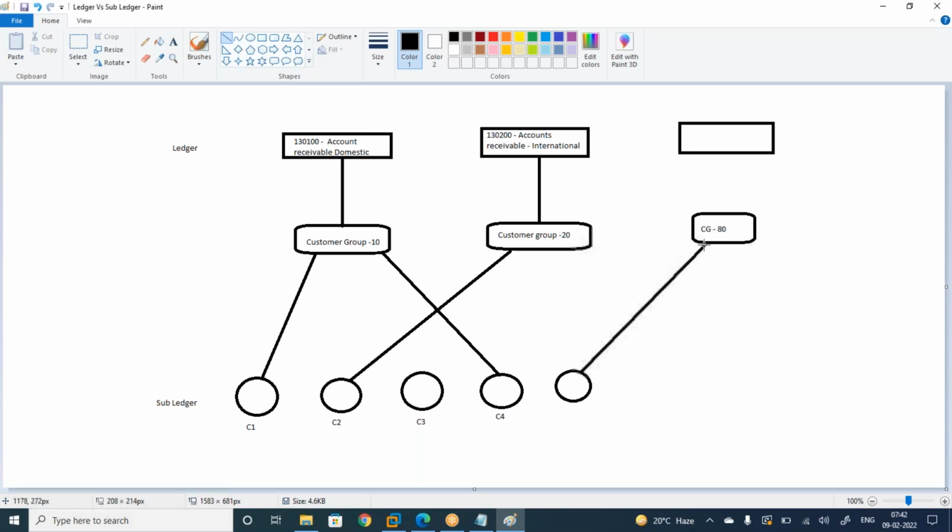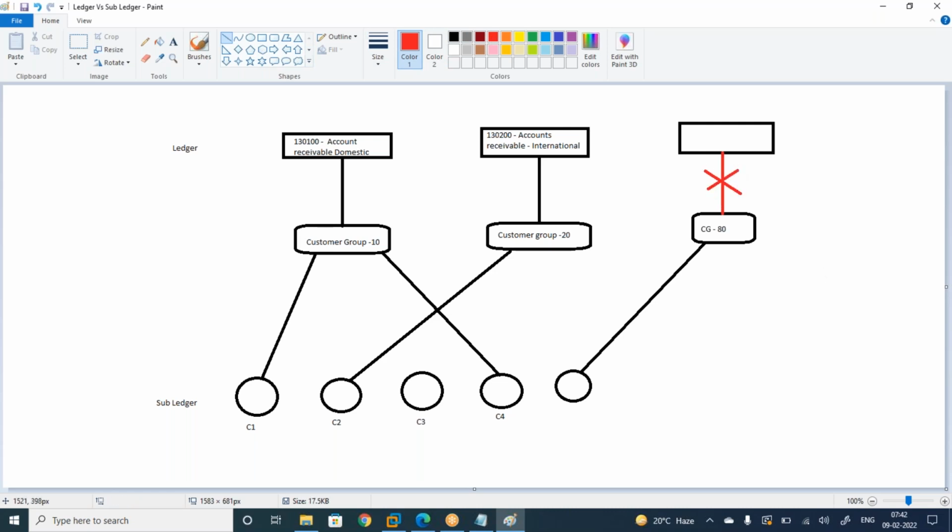This linkage is there, but this link is not mapped. Okay, this linkage is not there.